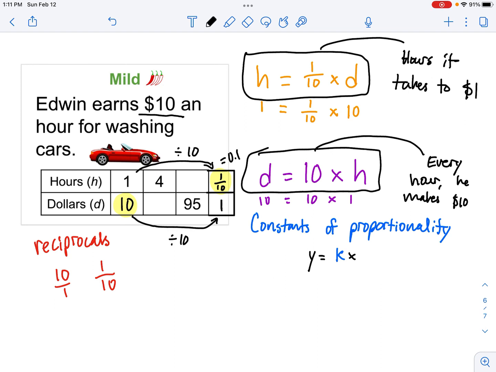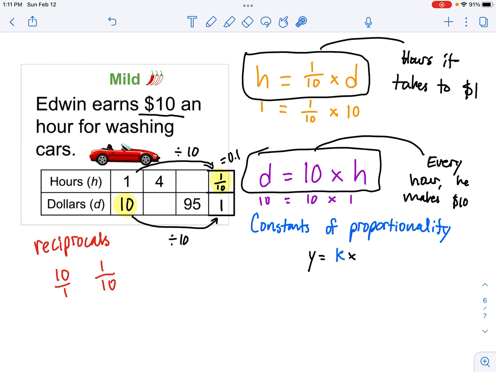Okay, now we can use our equations to find the missing values. You didn't need to write the equations to find the missing values. You could have found the values first, but I'll show you how the equations help us. So first, let's find this missing value. We know the number of hours is 4. We're trying to find how much money he made.